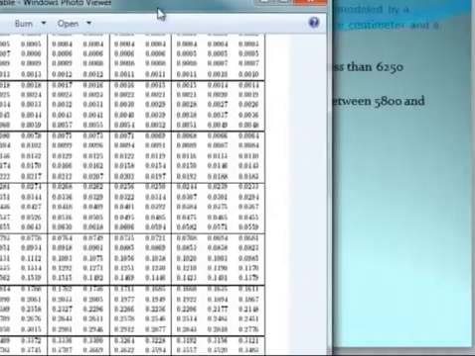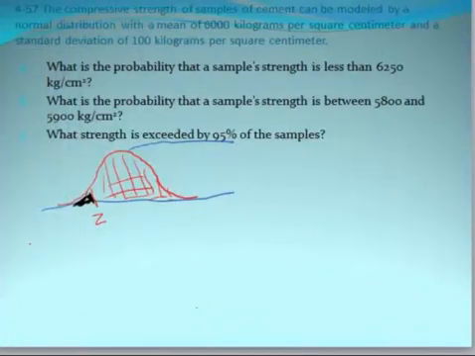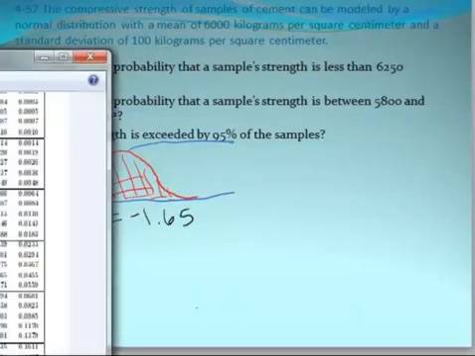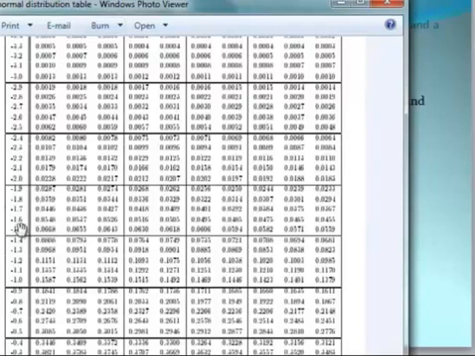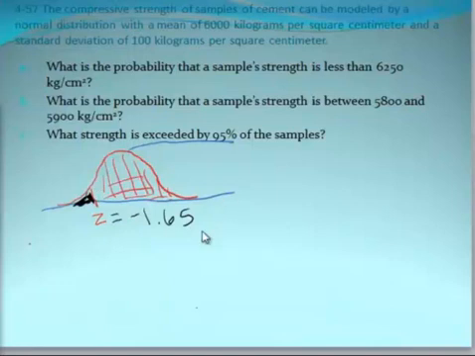So take our little table, put it out of the way, and now we'll say z is equal to minus 1.65, right? There's a minus 1.65 there. So that z value is affiliated with being exceeded by 95%. Now, all we need to do is translate that z value into an actual sample strength.